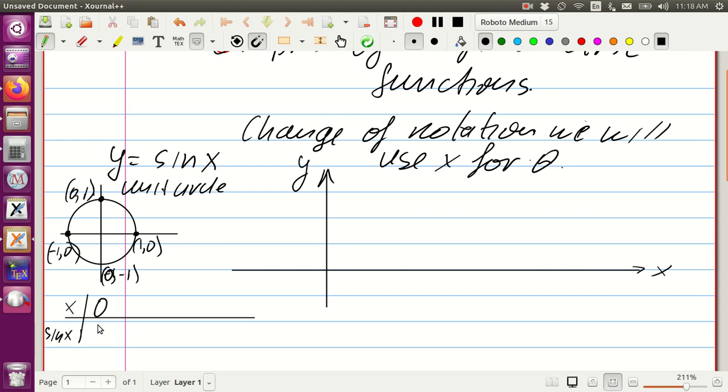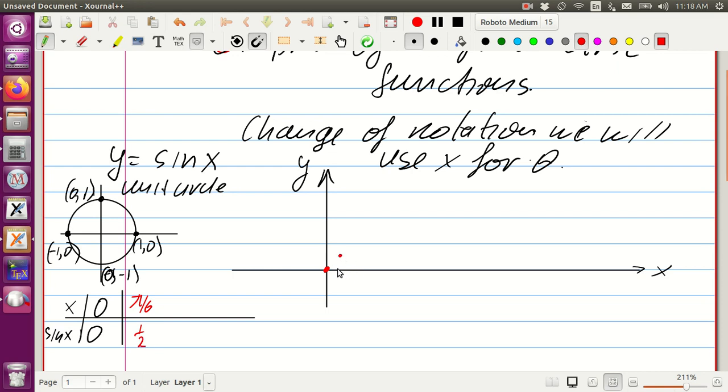So what's going on at 0? Sine by definition is the y value over r. Our r is always 1. So on the unit circle, the y value just represents your sine, right? So we get 0 over here. Then we can put something like pi over 6 first. At pi over 6, we're going to get 1/2.